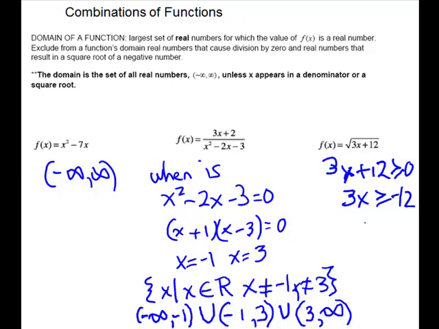It's a positive 3, so nothing's going to flip. So x is going to be greater than or equal to negative 4. So your domain on this one is from negative 4 to infinity.